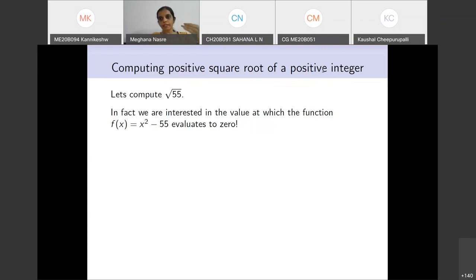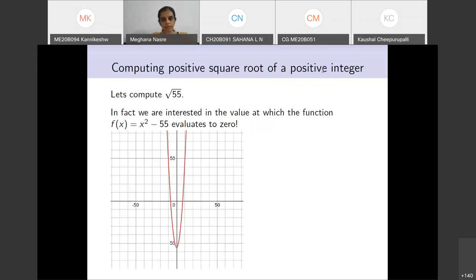To begin with, let's plot this function. I have just done this using some tool, and this is the function that is plotted. By just a guess, you know that the positive square root is going to lie somewhere at 7 point something. So we are just coming up with an idea about how to compute this.